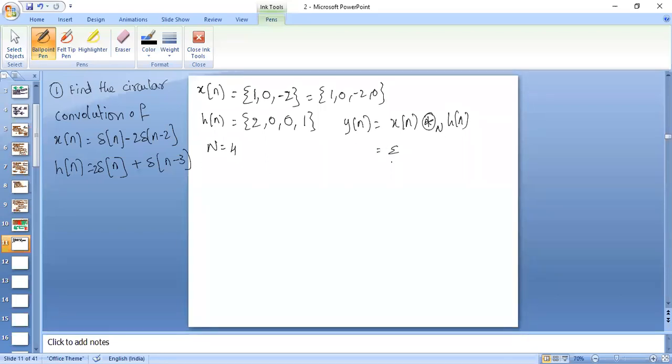which is equal to sigma m equal to 0 to n minus 1 x of m into h of n minus m. Sorry, here we have taken m in this format. So h of n minus m.